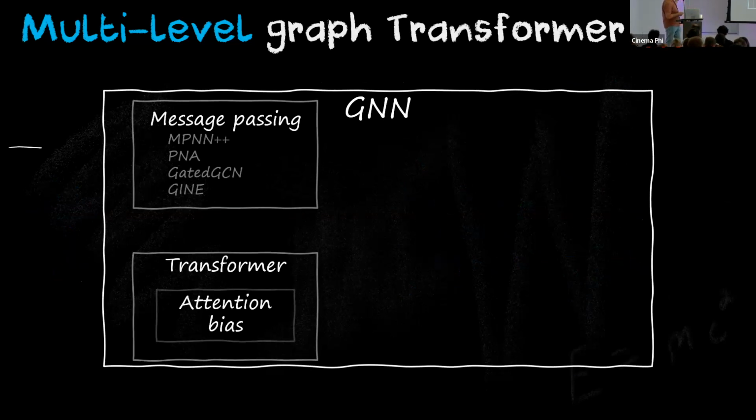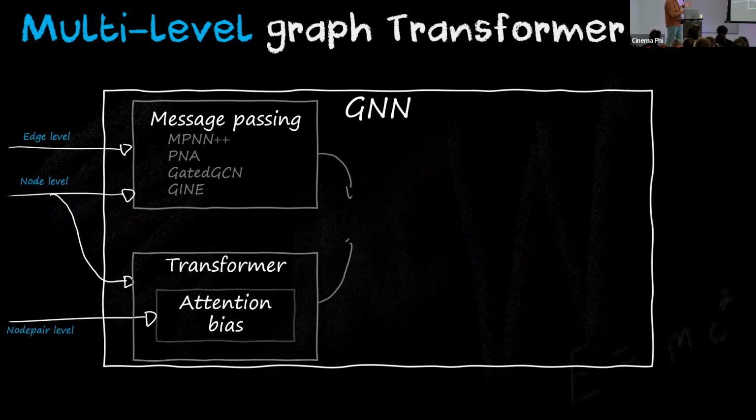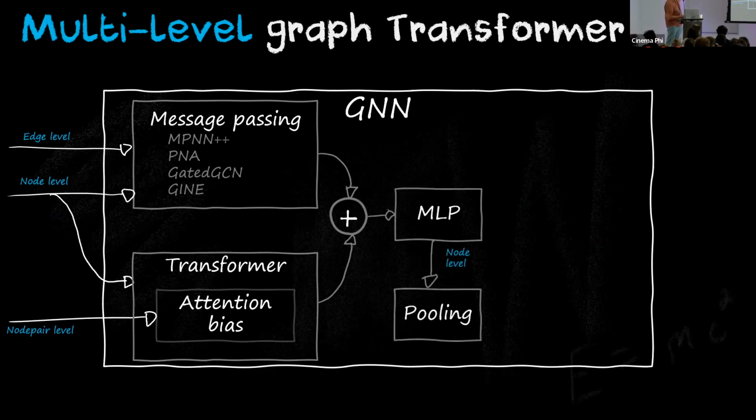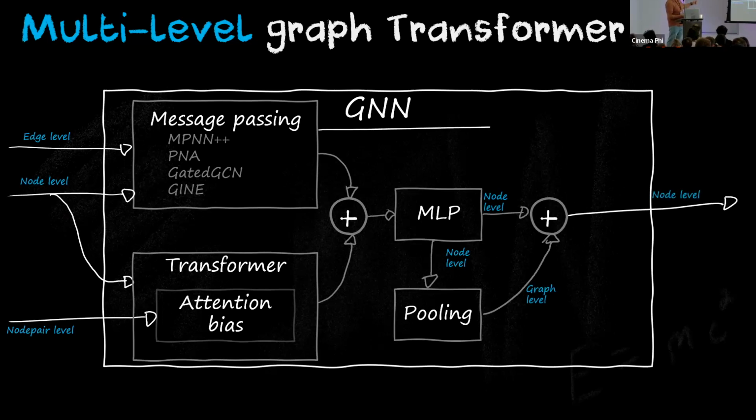It's composed of two different blocks, message passing and transformer, although we can select whether we want only one of these. And we can see how the edge information, node information, and node pair information is passed in all of these. The message passing and transformer outputs get concatenated together and fed into an MLP. That MLP also gets a graph level representation that is again fed at the node level.